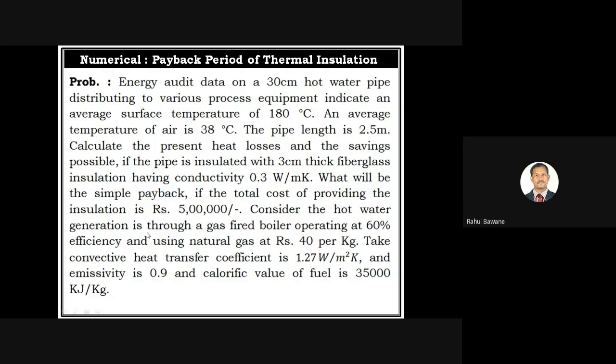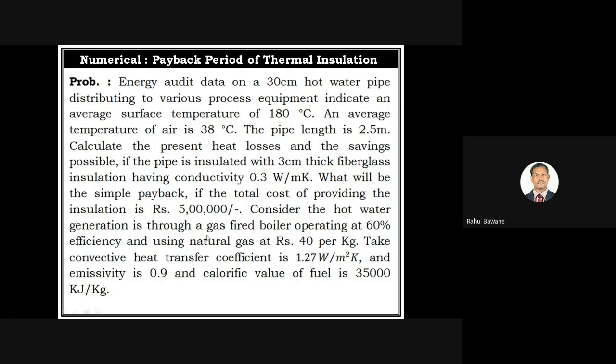Consider the hot water generation is through a gas fire boiler. So they use a gaseous fuel, and that gas fire boiler is operating at 60% efficiency. This is a very important parameter. What it means: suppose I burn 10 kg of gas, and the boiler is at 60% efficiency.